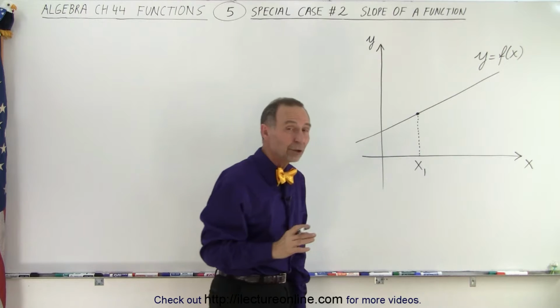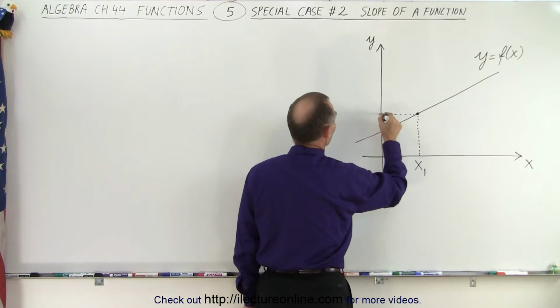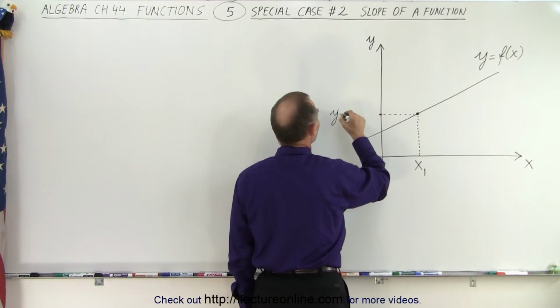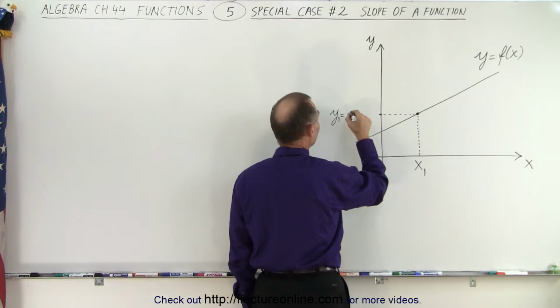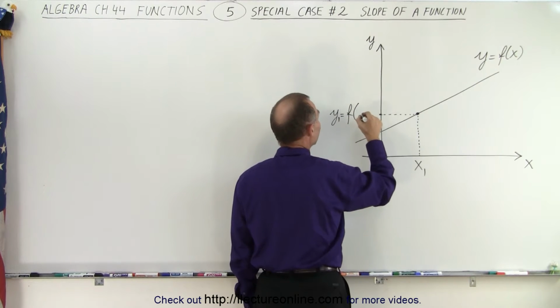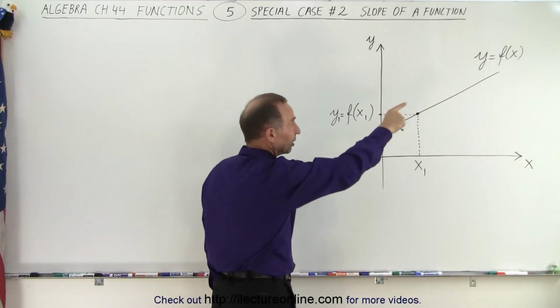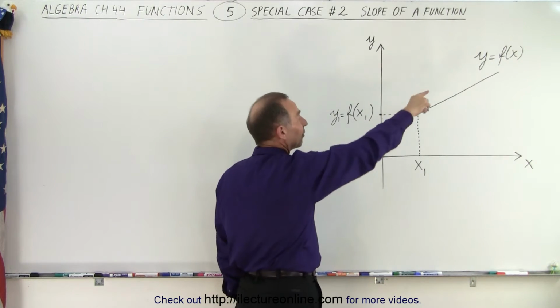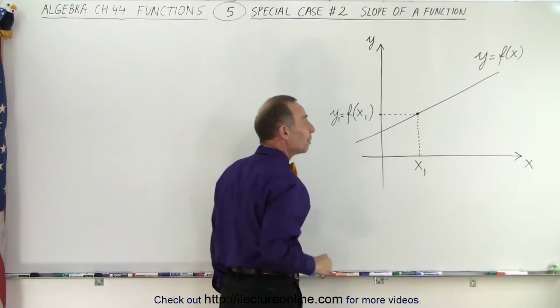So how do we find the corresponding y value? Since we use x1, we say y1 is equal to the function evaluated at x1. So that's how we write that. Whatever the function is that's representative of that line, f evaluated at x1 will give you the corresponding y value.